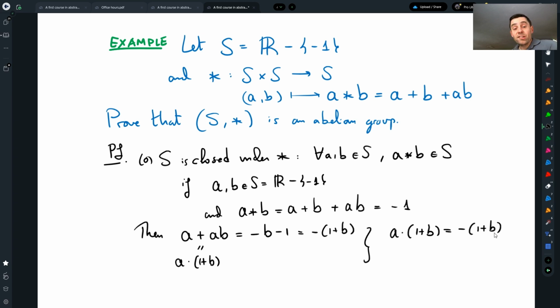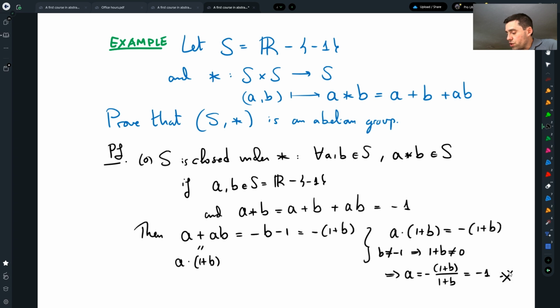But B is not -1, and that implies that 1 plus B is non-zero, and therefore I can divide by 1 plus B, that's a real number, and what I get is that A would be -1 plus B divided by 1 plus B, so it would be -1.